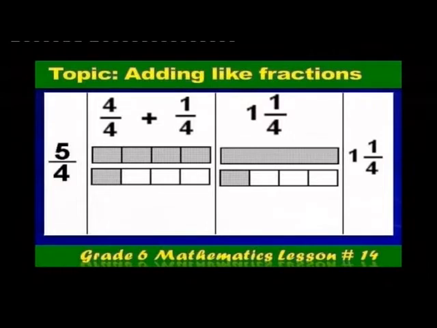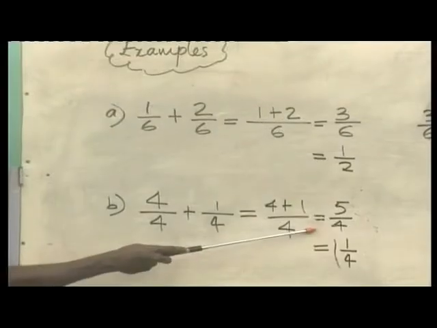So I'm just showing you how you can use a diagram to change an improper fraction to a mixed number. But our friend Minol has come up with the answer 1 and 1 quarter, which is the mixed number of the improper fraction 5 over 4.